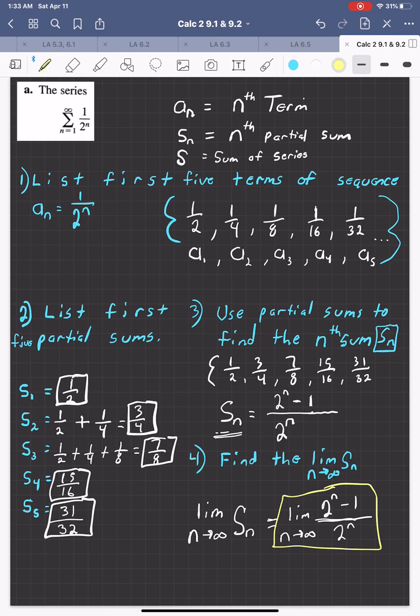And what you would end up with is the limit as x approaches infinity. If you start to use L'Hopital's rule, you would get 2 to the n ln of 2. If you don't know how I did that derivative, you need to go back to the previous video. Over 2 to the n times ln of 2. Well, 2 to the n times ln 2 divided by itself just equals 1.